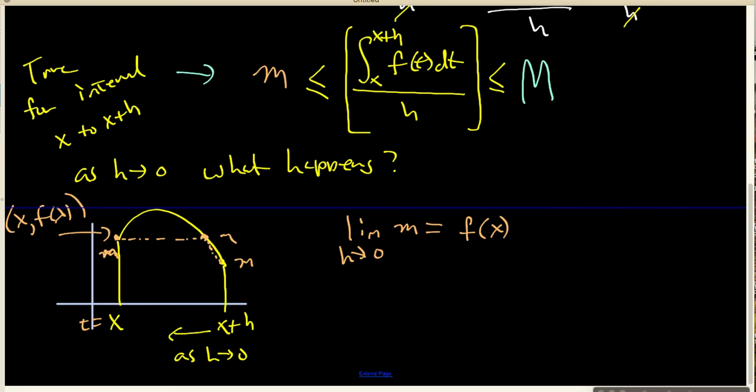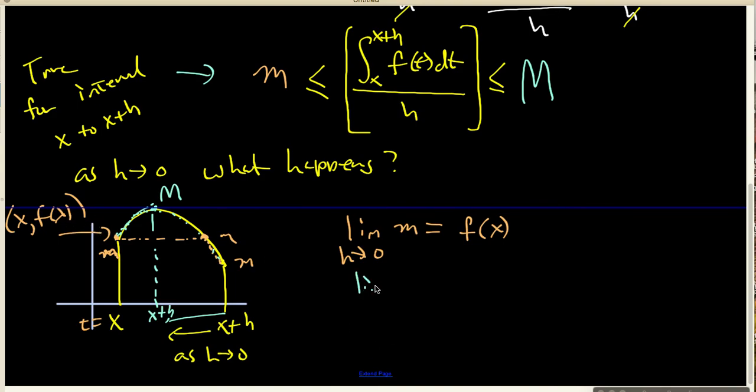Well, what about capital M? As we're shrinking down, capital M is just going to stay here until we've gotten to the point where our h is this small, and that's become x plus h. And then capital M is going to start shrinking, and capital M is also going to go to f of x.